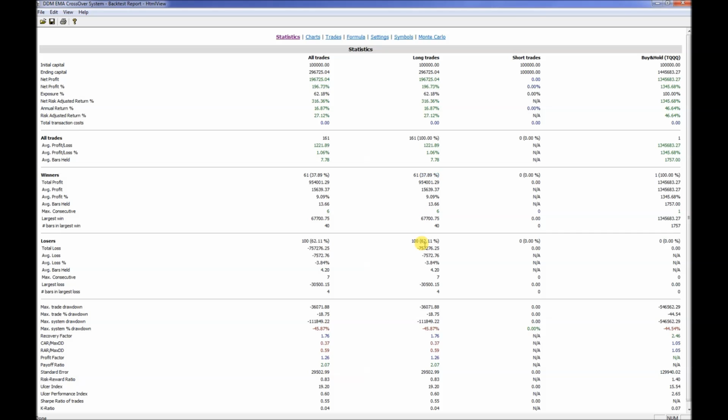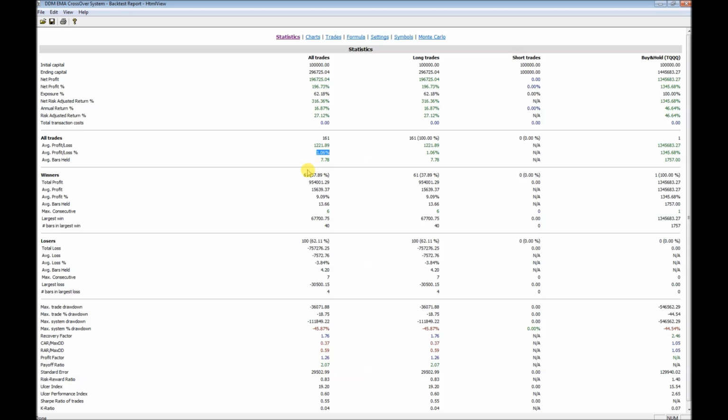You have a win rate of 40%, and about 60% were not profitable. If you look at the actual expectancy, though, it has an expectancy of trades of about $1,221. Now that's using $100,000 position size. In terms of percentage, it's about 1%. So between your winners and your losers, you're averaging on average per trade 1%.